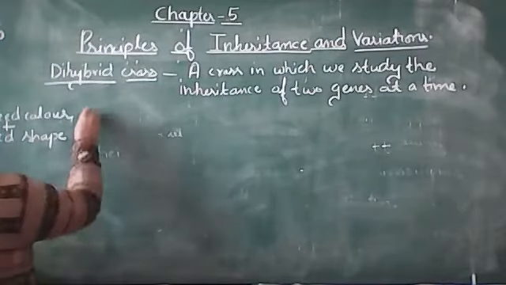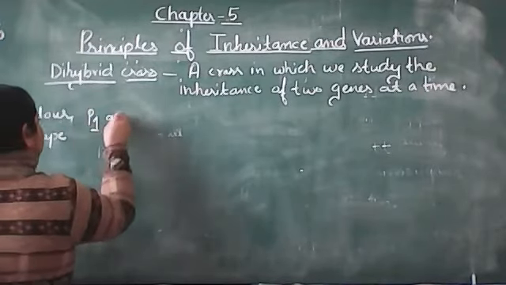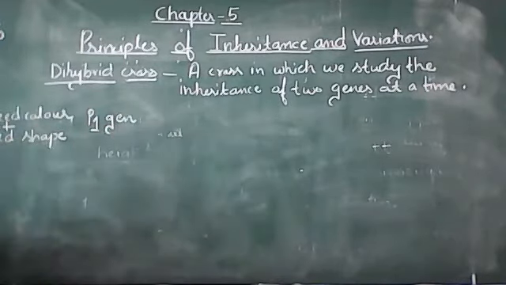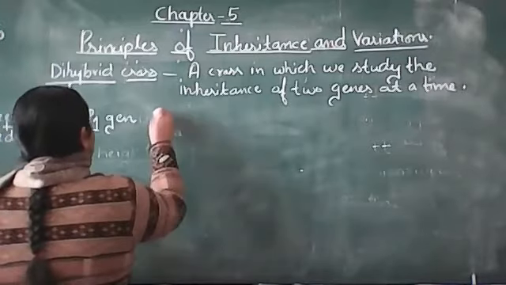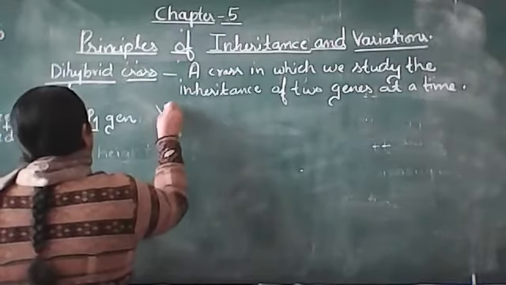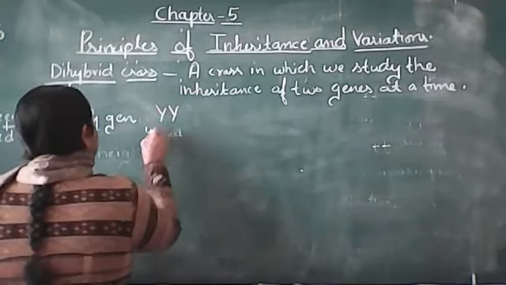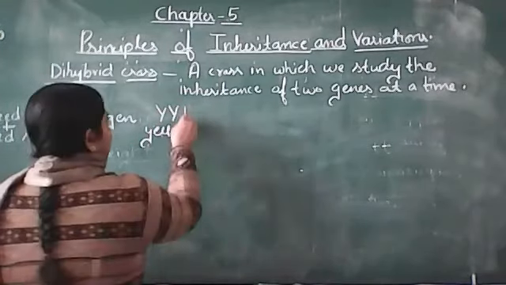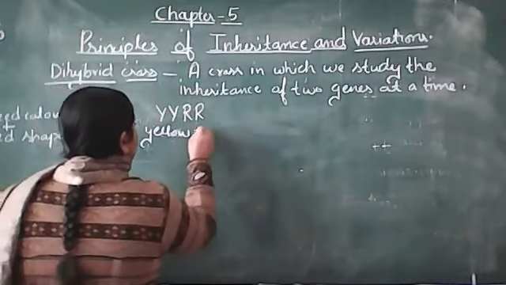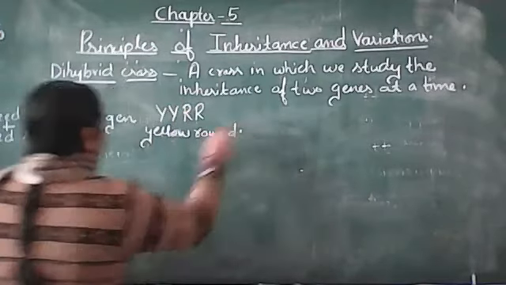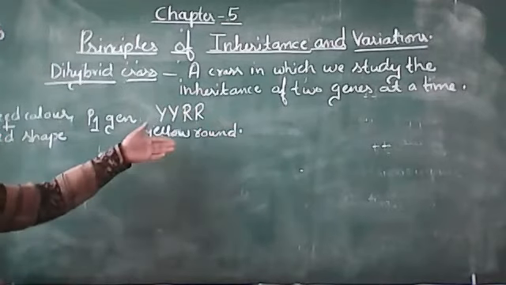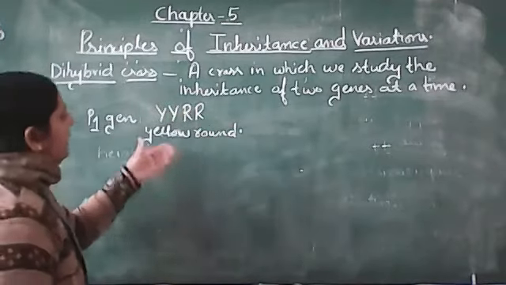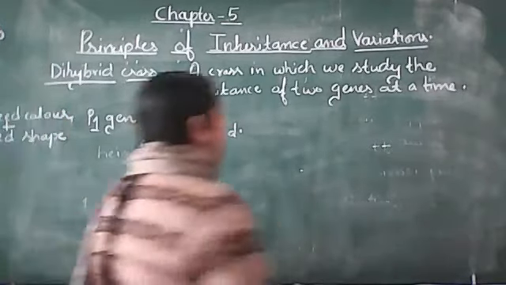So in the P generation, I have two parents. Seed color for the first parent is capital Y, that is the yellow seed color. And seed shape here is capital R, that is the round shape of the seed. So first is capital Y, capital R, that is yellow round.